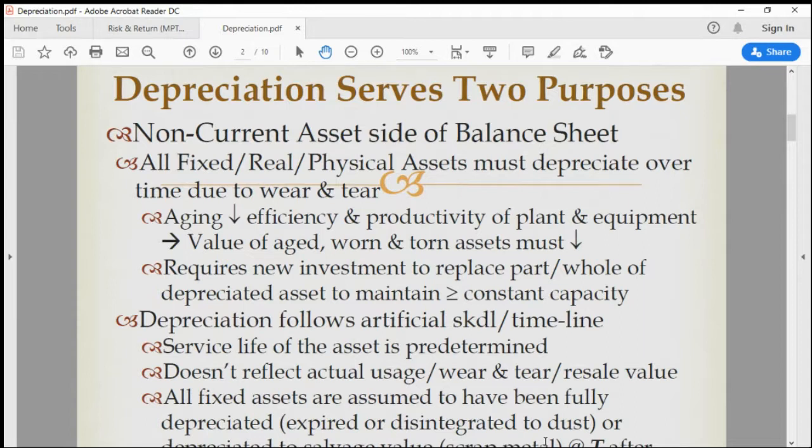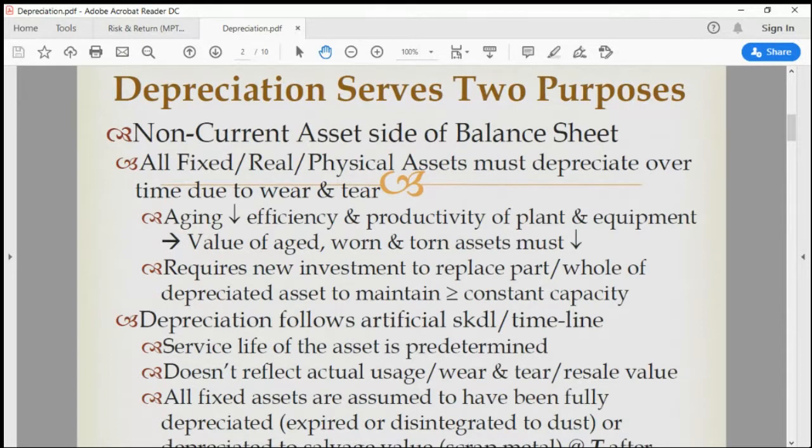Okay, so of course, it is only natural that you keep recording the changing value of assets as time goes on in the book, in the balance sheet, right?